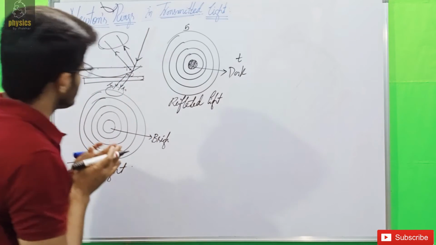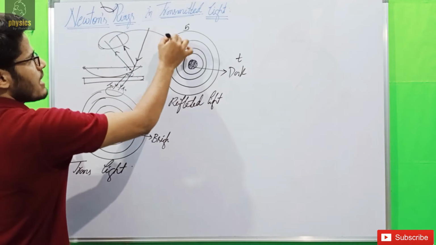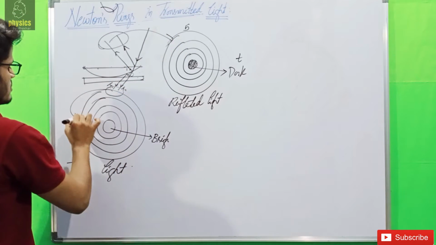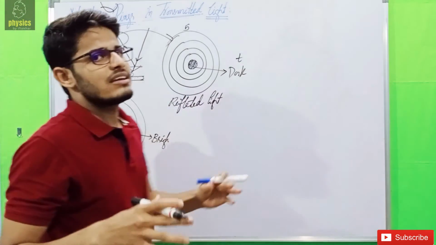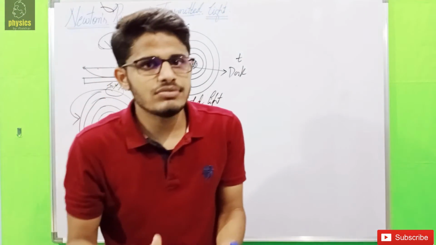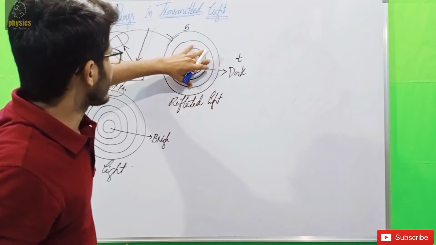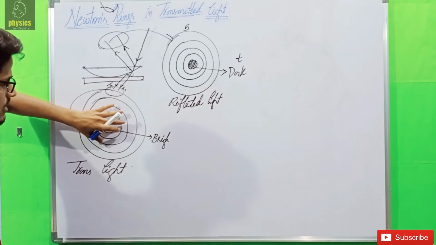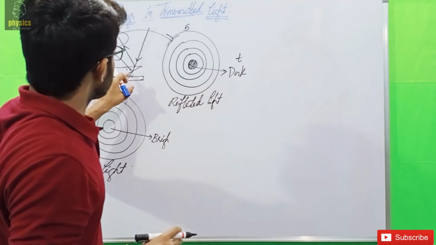They will produce the interference patterns. These light rays will produce this pattern and these light rays will produce this pattern. So the total light will be conserved. Half of the light will come in the reflected light rays and half in the transmitted light rays.